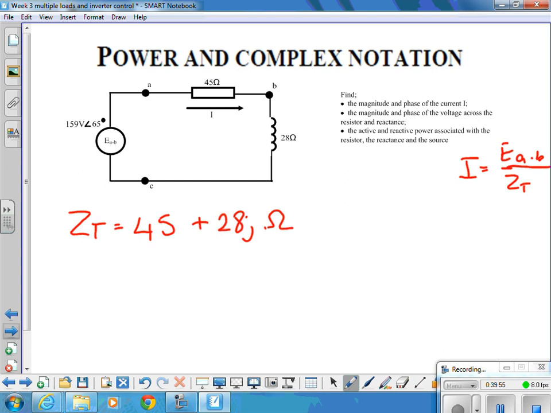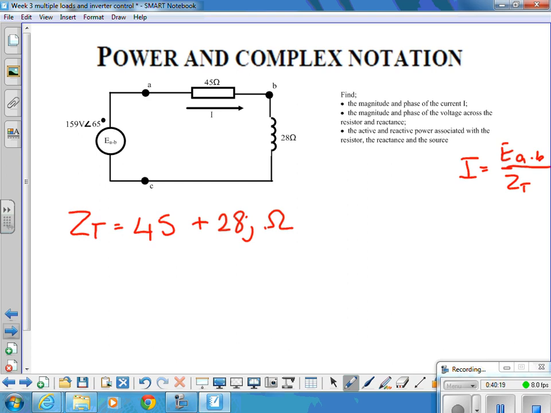So we've got a voltage in polar form, we've got an impedance in rectangular form. What would you prefer? Both rectangular. Okay then, rectangular.